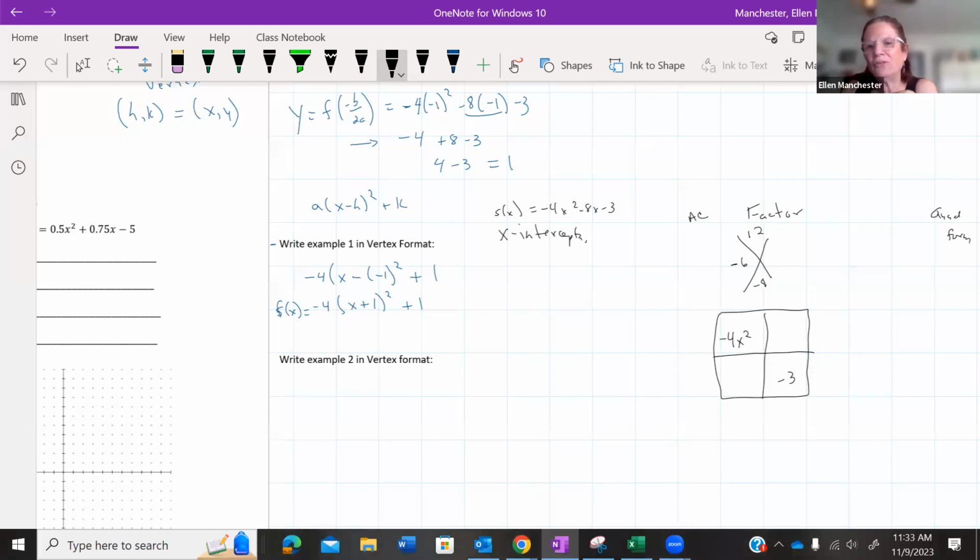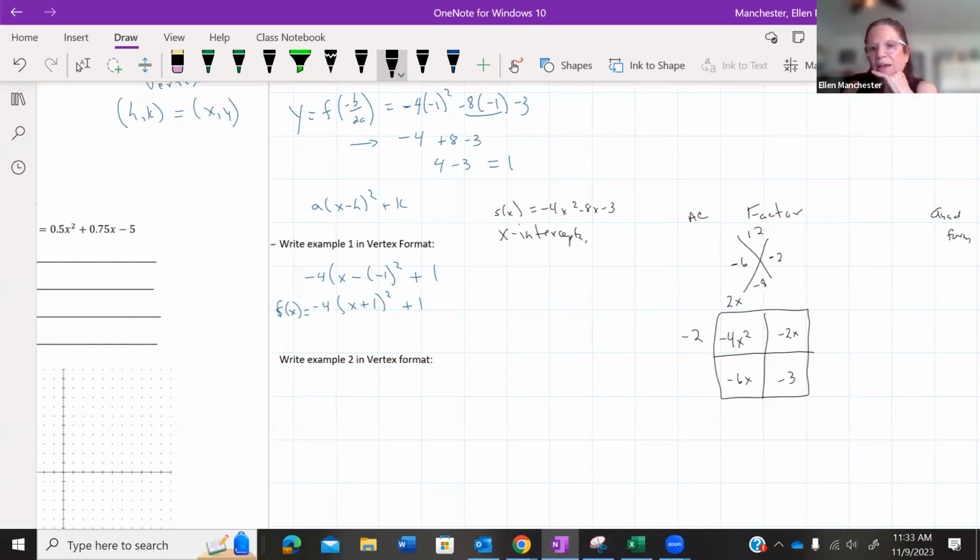I can use -6 and -2. -6 times -2 is +12. -6 plus -2 gives me -8. So I have -6x and -2x. Okay, so what times what gives me a 4? I can have 2x and -2. Oh, yeah, it is -4.